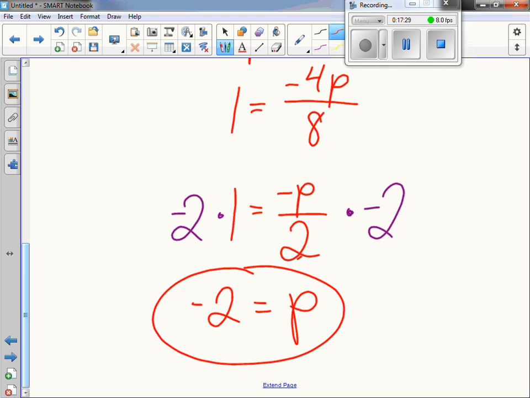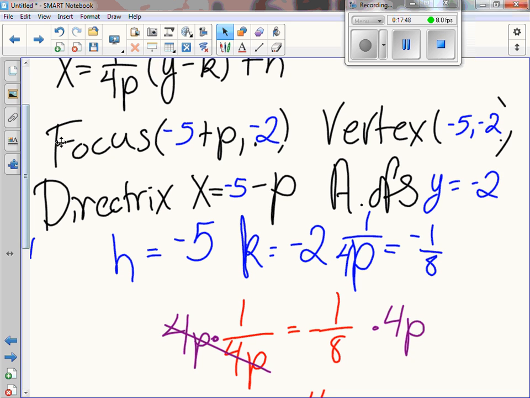Now what we need to do is plug it back in. So I'll leave it there for a second. And once we plug this back in, we will have all 4 of our points. Because here we're going to have plus -2. Here we're going to have minus -2. Now what's -5 plus -2?